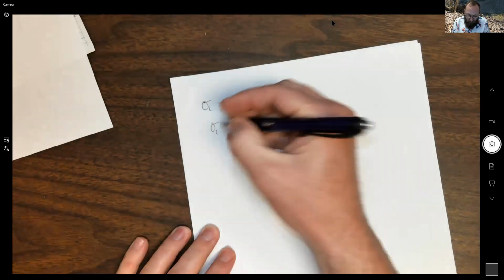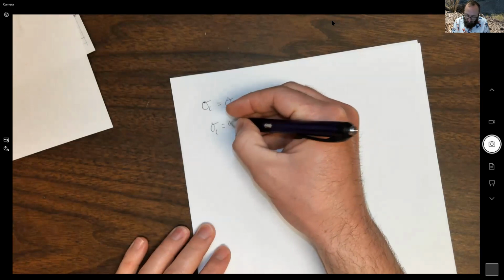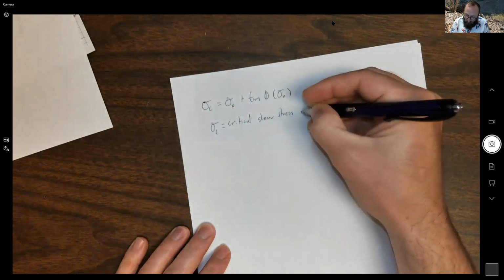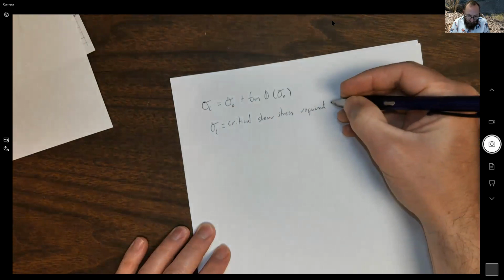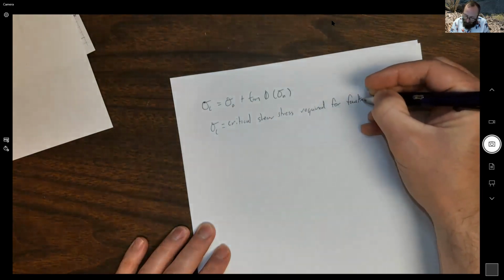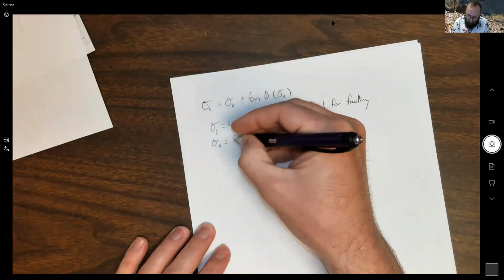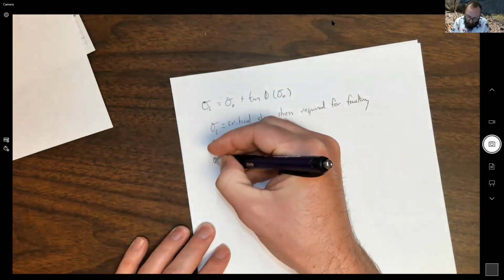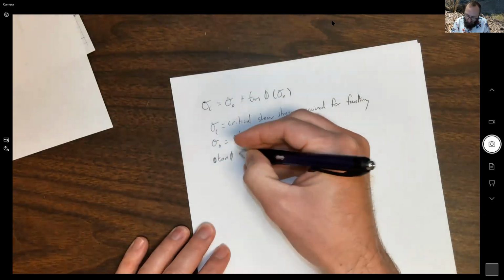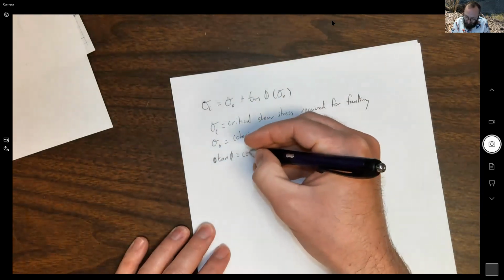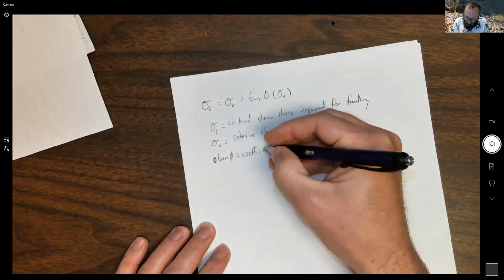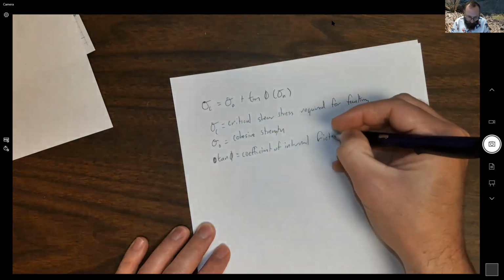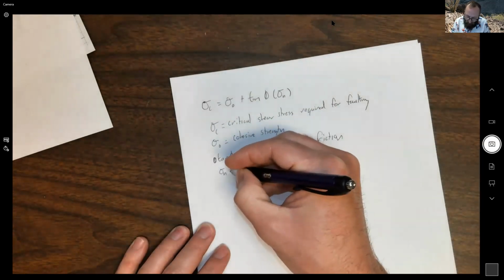And where each of these variables were, sigma c was critical shear stress required for faulting, and sigma naught equaled cohesive strength, and tan phi is what we ended up calling the coefficient of internal friction, and sigma n was the normal stress.